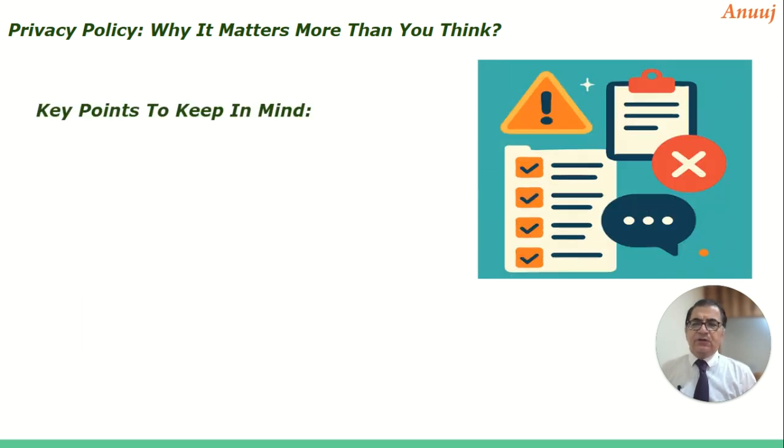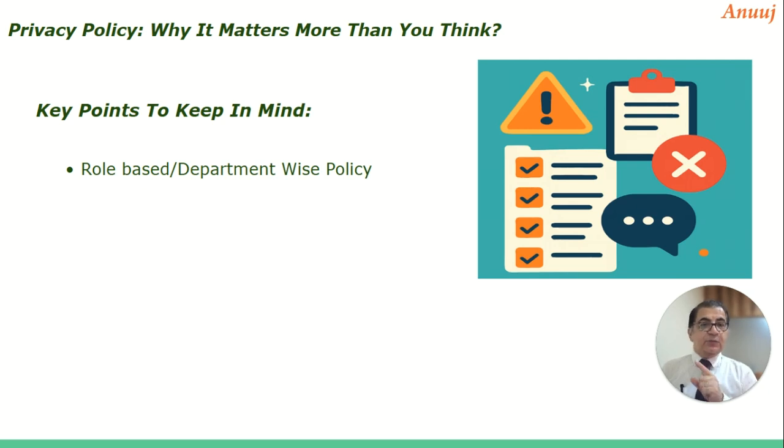What are the key concerns or what are the key points? What are the best practices while creating a privacy policy? It should be a role based policy, could be department wise. You could have a different policy for HR and a different for marketing because the nature of data they collect, which we spoke in the previous slide, that it should include classification.